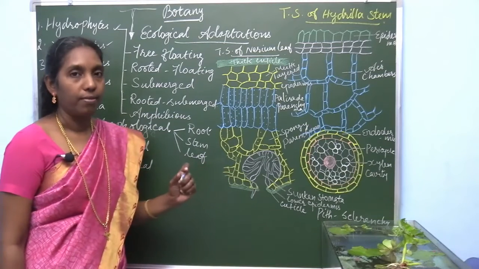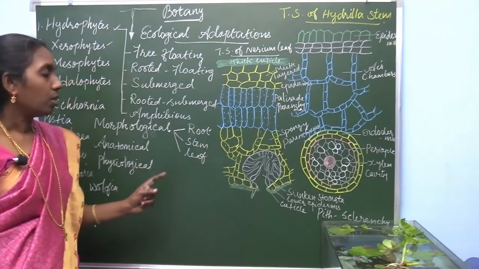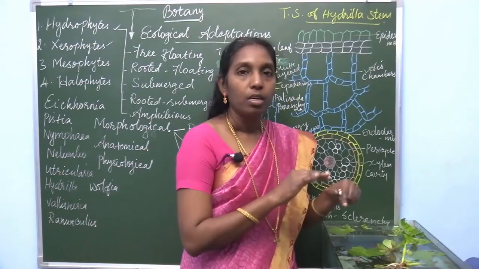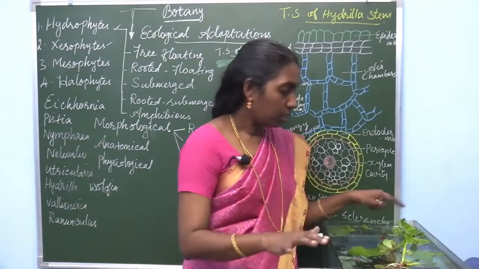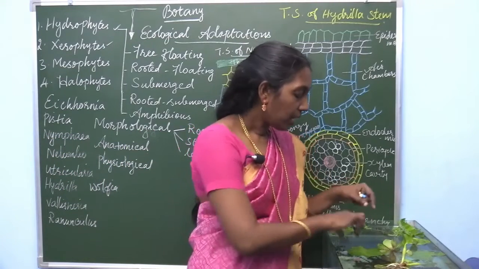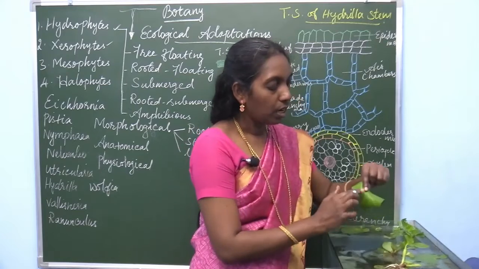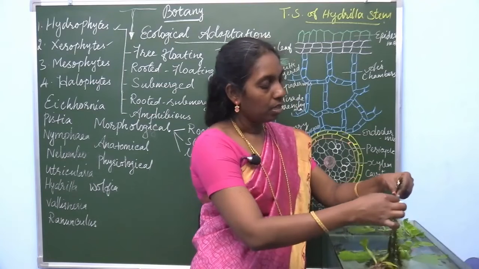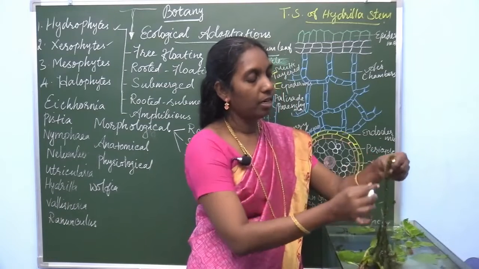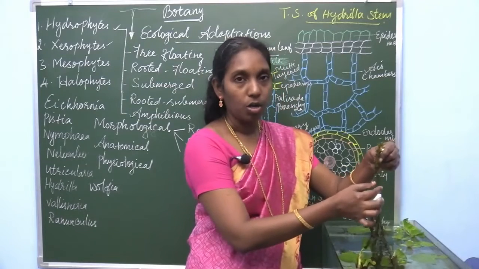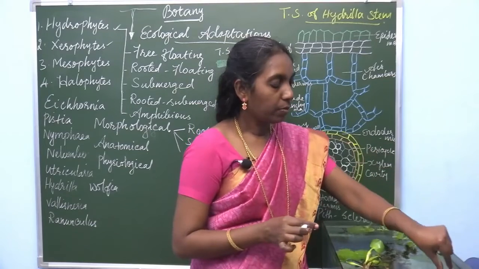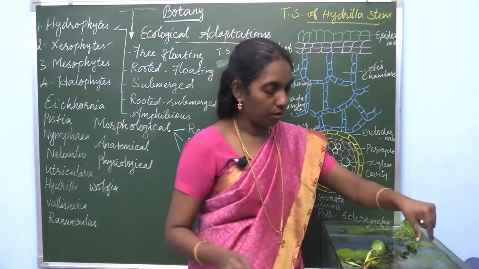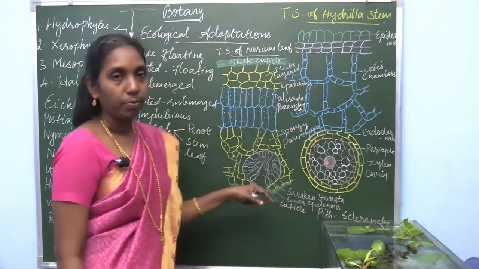What about the leaf? Floating leaves, which float on the surface, are entire. In Hydrilla the leaves are small, and sometimes very poorly developed, as in Utricularia and some other forms.